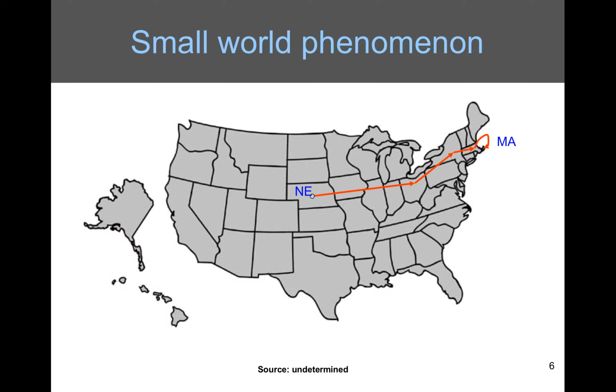But what was surprising was that of the letters that did reach their destination, the average number of hops they took was only six. And that's when the name six degrees of separation came about: with six steps, you could reach anybody in the world, starting from anybody. So this was Stanley Milgram's experiment that defined the notion of a small world.